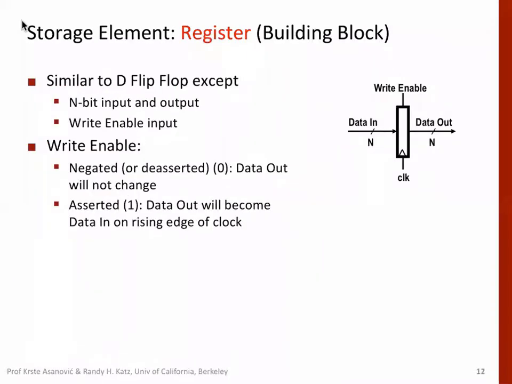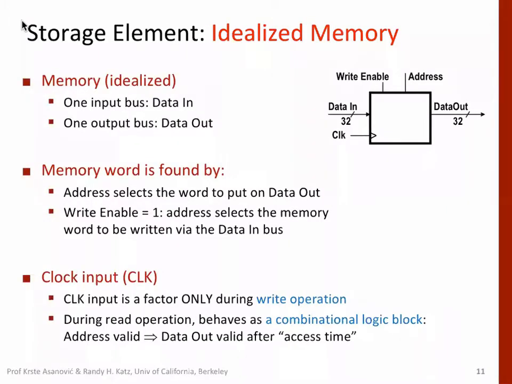Right now we assume that there is an input bus, or data in bus, which is 32 bits, because we are assuming that in RISC-V all registers are 32 bits wide. Similarly, there is a data out bus, which is also 32 bits wide.